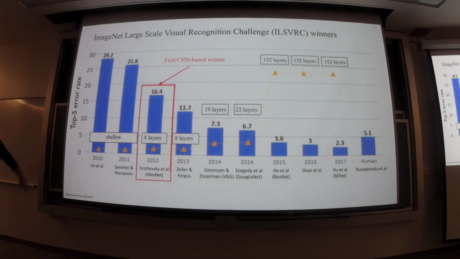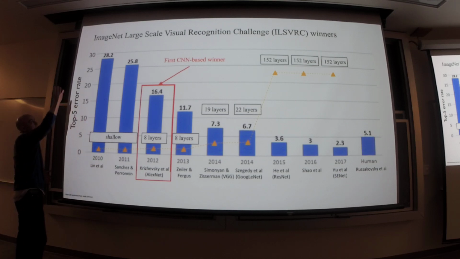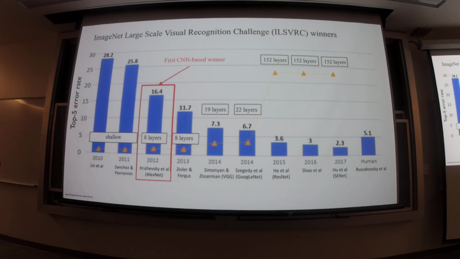And this is the rate at which you got it wrong. So you can see, really rapidly, it goes from, in 2010, 28.2% error rate. So it's 28.2% of the time in the test set, for a test image.